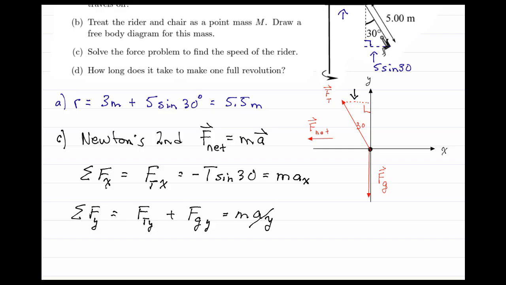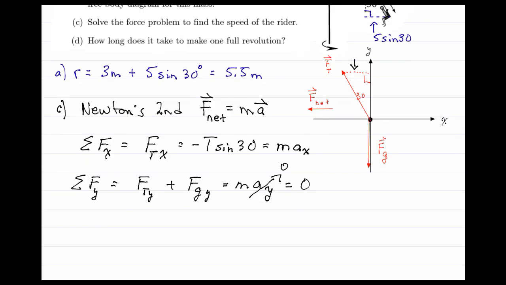One thing to note is this person isn't accelerating in the y direction, just in the x direction. So the right-hand side of Newton's second law is 0. I'm going to deal with this second equation first. I'll call it equation 2. The other one we'll call equation 1.